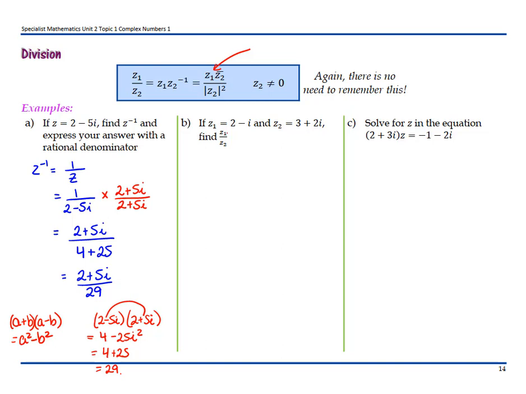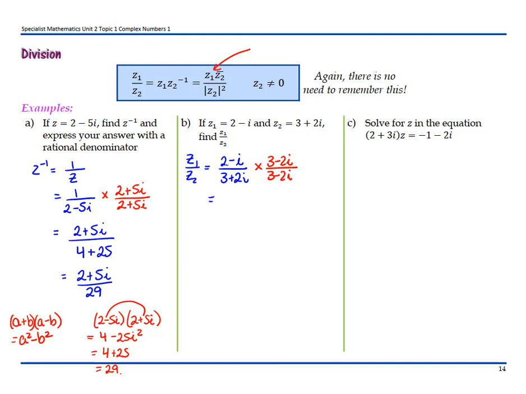So if I've got z1 is 2 minus i and z2 is 3 plus 2i, find z1 over z2. So z1 over z2 is going to be 2 minus i over 3 plus 2i. I can't leave that complex number at the bottom, so I'm going to times by 3 minus 2i over 3 minus 2i.